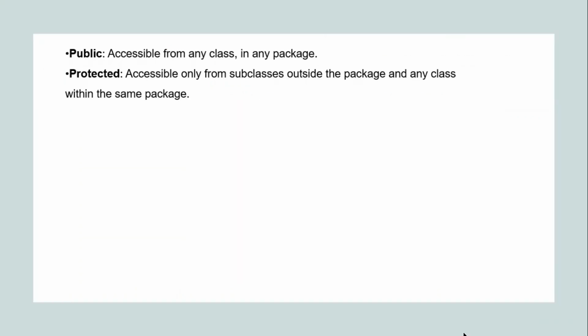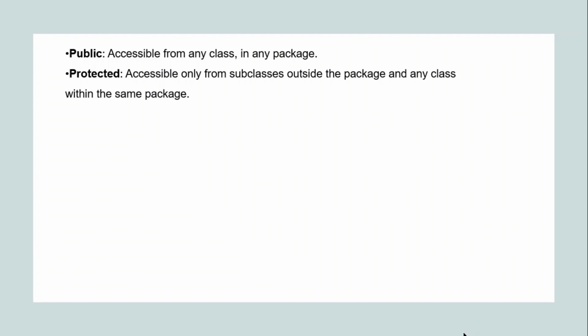So what is the difference between the public and protected modifiers? The public modifier is accessible from any class in any package, while protected is accessible only from subclasses outside the package and any class within the same package. So the difference here is for the packages.